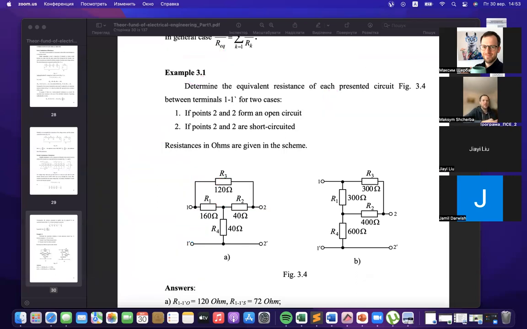How could this situation be transformed? For example, if we are looking at points 2 and 2, here is an open circuit because of infinitely high resistance.